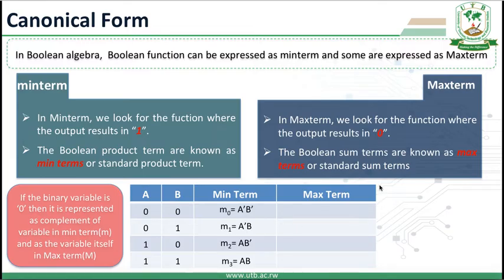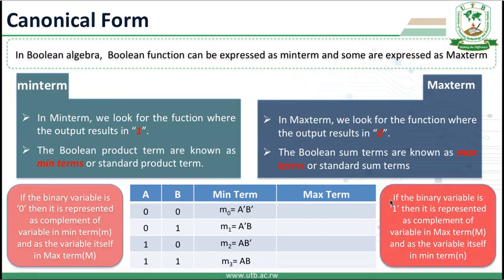Let us understand the max term. In the max term, if the binary variable is 1, then it is represented as a complement of the variable, whereas in the min term it is the variable itself. It is just the opposite of the min term.